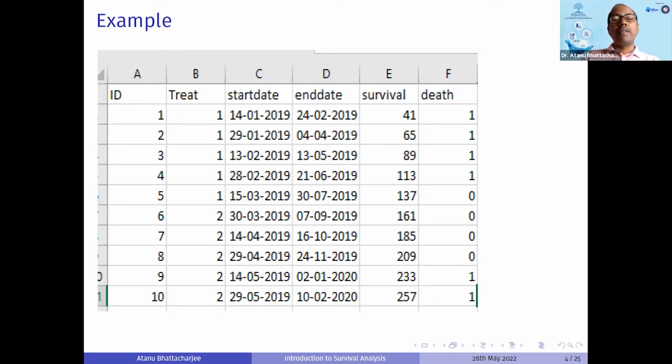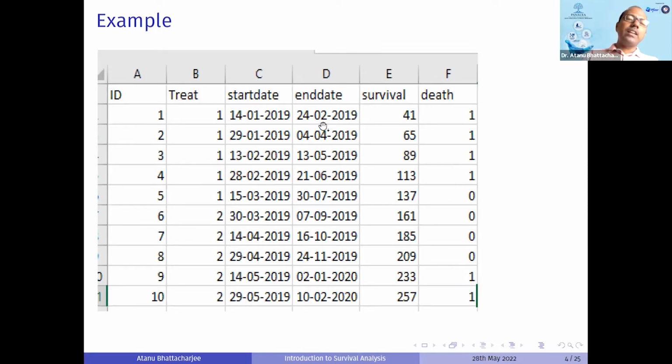Sometimes you have seen the death certificate of the patient, and based on that you can say this is the patient's death. So rather than putting the last date of the visit of the patient, you have the provision to put the date of death. But if the patient is alive but never visits your hospital, and you call by telephone and they say they are alive, that is not a good practice for putting a date over there.